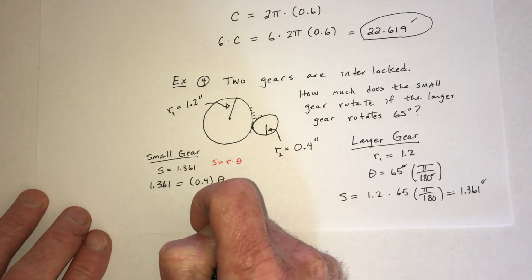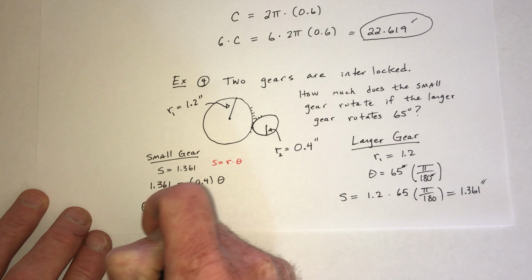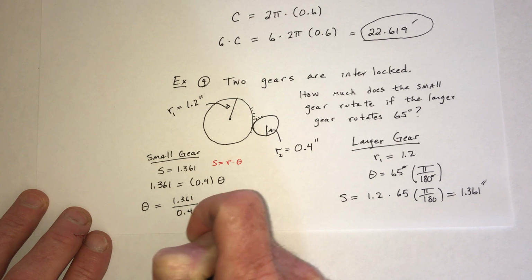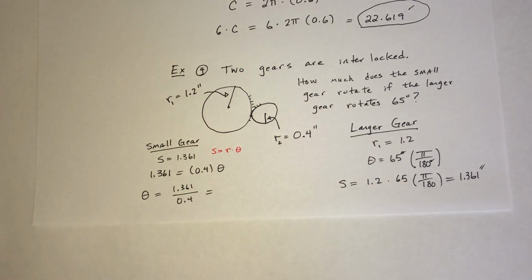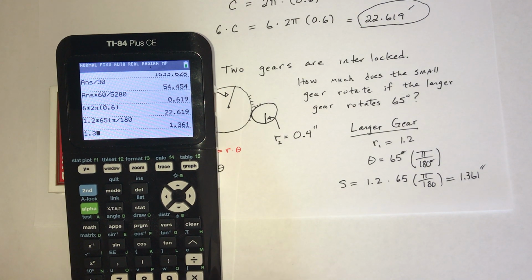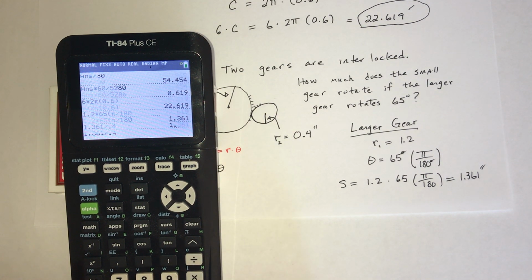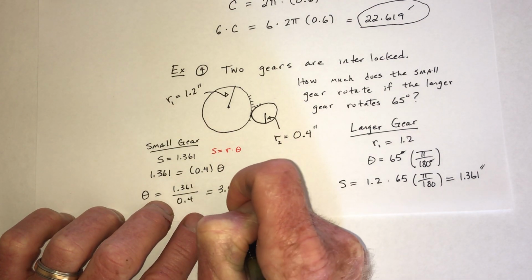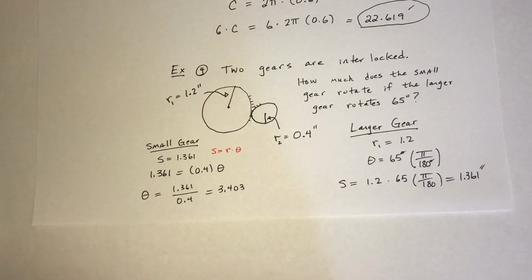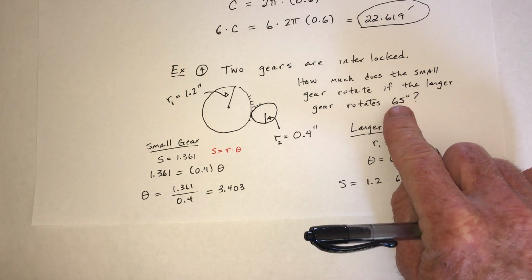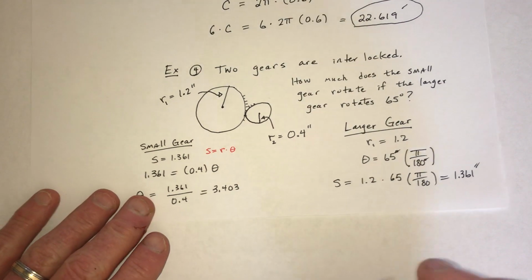So to solve for theta, all we need to do is divide. So it's going to be 1.361 divided by 0.4, which is 3.403. And this is in radians, but because the problem is given in degrees, then I should respect their choice of degrees and change this to degrees.